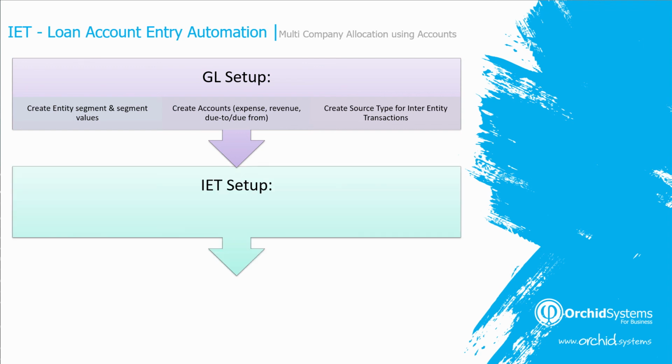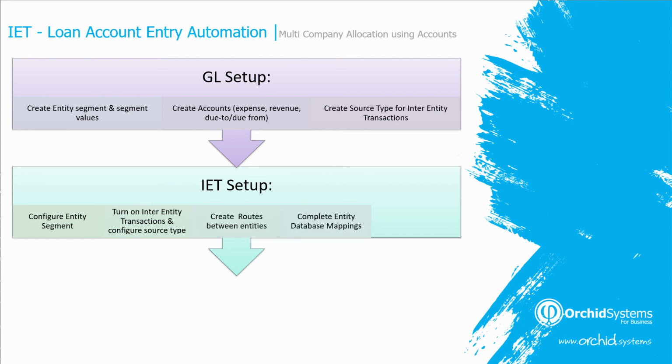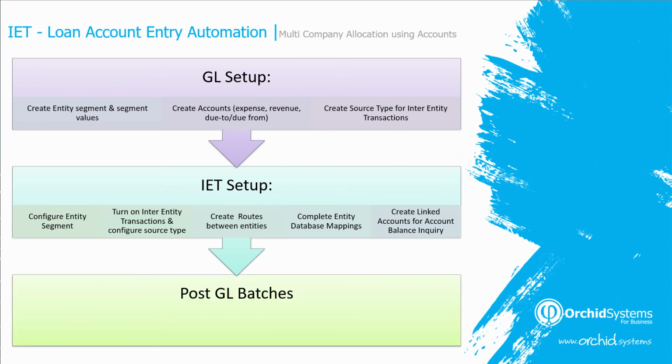In inter-entity setup, we needed to configure the entity segment, turn on inter-entity and configure the source types, create routes between the entities, complete the entity database mappings, and for the account balance inquiry, fill in the linked accounts. And when posting GL batches, we needed to keep an eye on the GL posting journal errors and an eye on the inter-entity audit inquiry for errors recorded in there too.